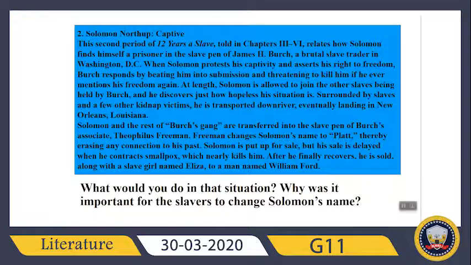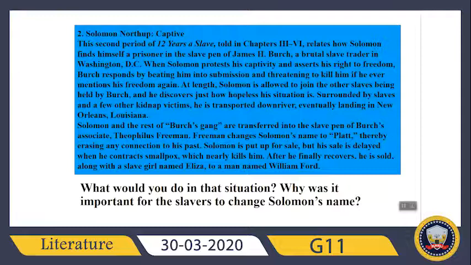Once upon a time there was a free man, Solomon Northup. He disappeared. If somewhere in another part of the country there appears a slave called Solomon Northup, obviously people like his wife, who is trying to find him, would notice.